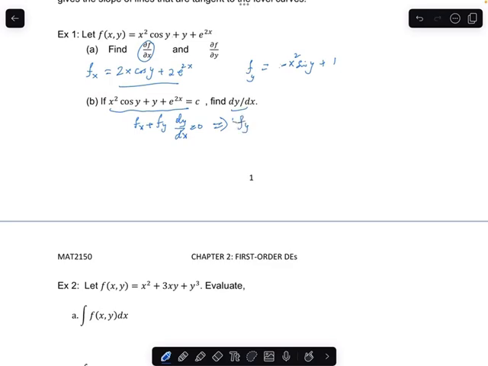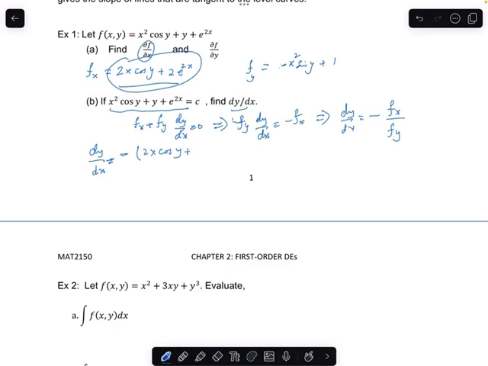So this gives me f sub y dy by dx is equal to negative partial derivative with respect to x, which implies the dy by dx will be equal to negative partial derivative of f with respect to x divided by partial derivative of f with respect to y, so that in our case dy by dx will be equal to negative this quantity, whole thing divided by the f sub y.